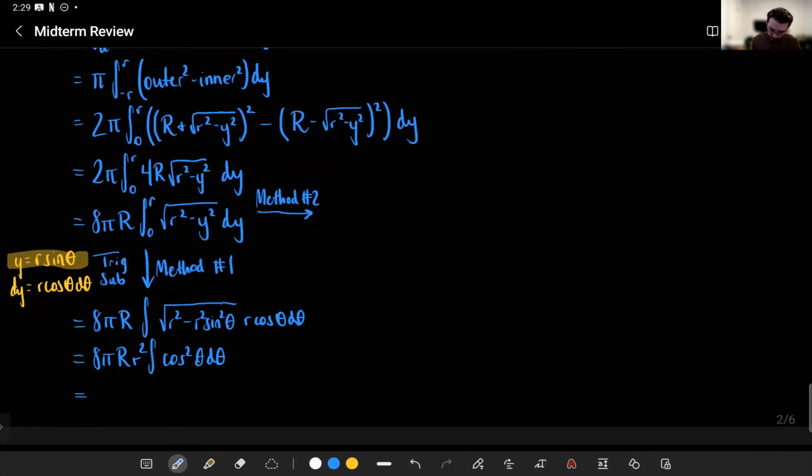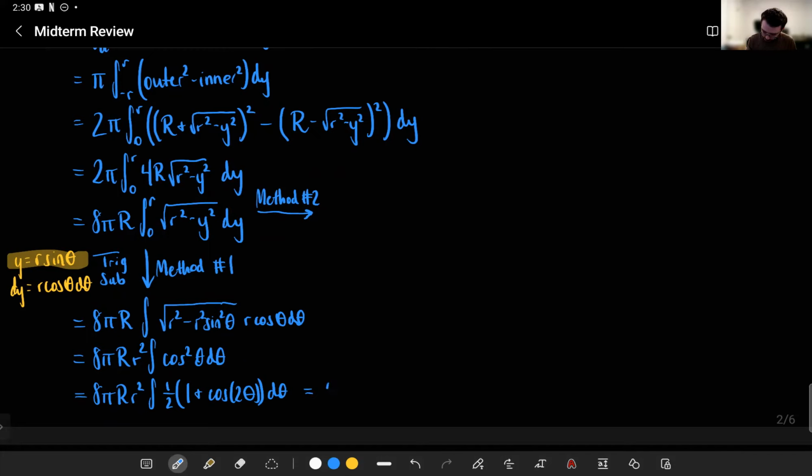Cosine squared we can use a half angle for, so we know that this will keep the same. The half angle formula for cosine is the one that has a plus on it, so it's 1 plus cosine 2 theta, d theta. Cool. And then I could pull that 1/2 out.